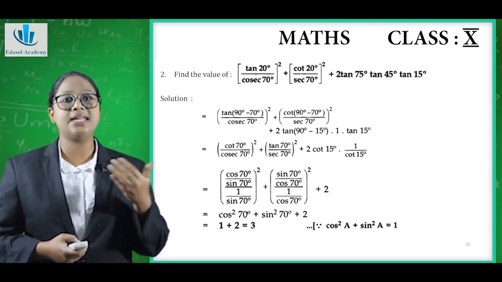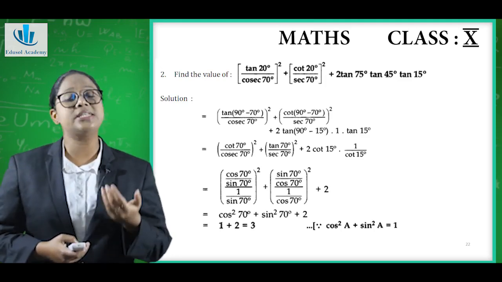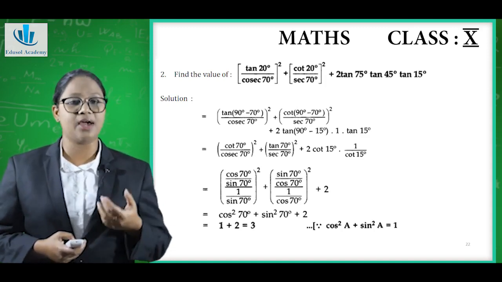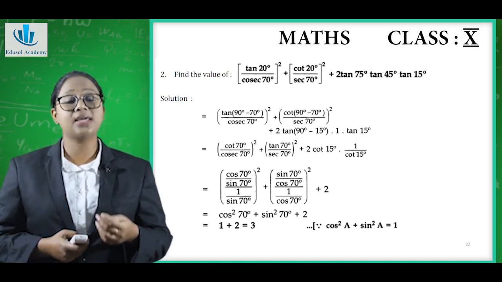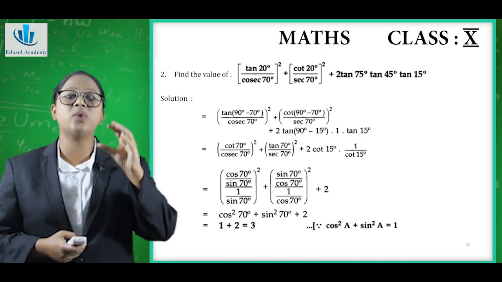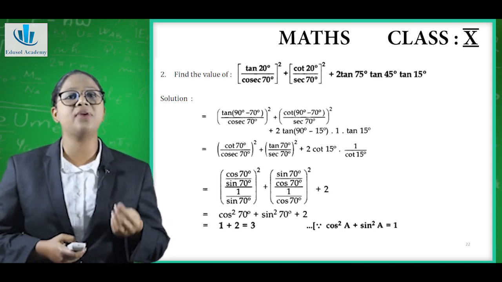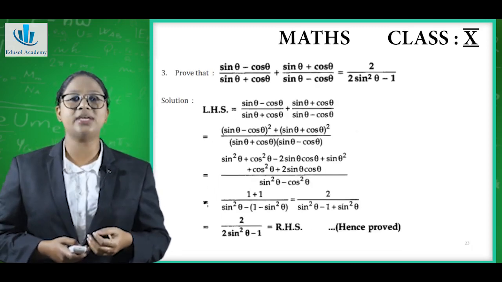Similarly, in the next term, cot 20 is being replaced by cot 90 minus 70. Now in the next one, tan 75 is being replaced by tan 90 minus 15. In these types of big questions with complementary angles, we can simply cancel out terms and we will get the final answer as 3. Next question.